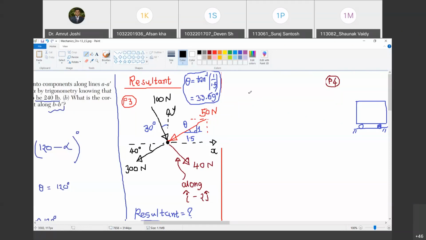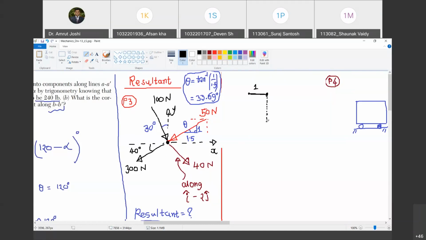Yes, sir. So what I will do is I will plot this vector here: plus i cap, plus 1 i cap. So if it is 1 unit, this is 1 unit along positive x direction. Happy? Yes. And I have to go minus 2 units, that means 2 units in downward y direction.